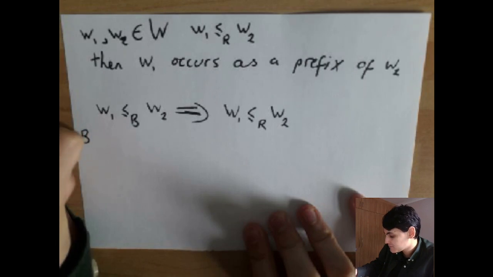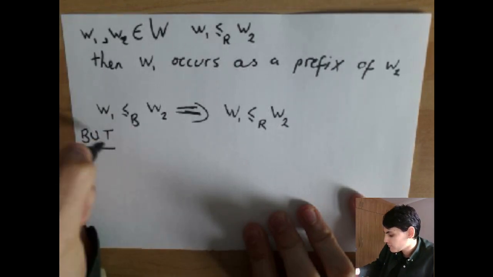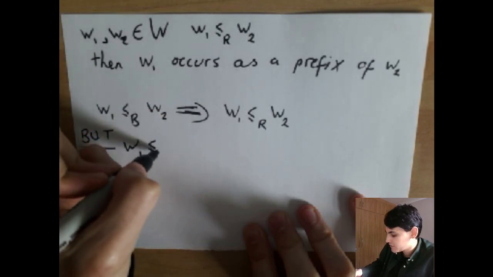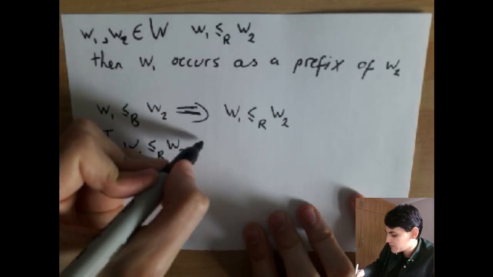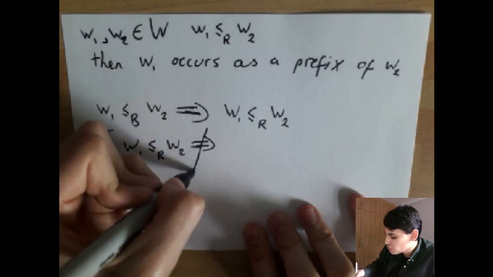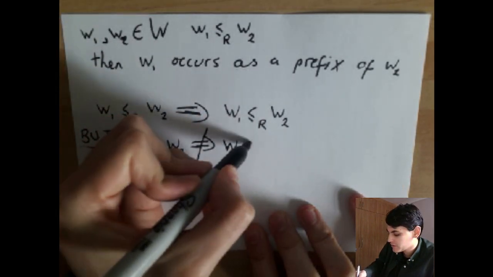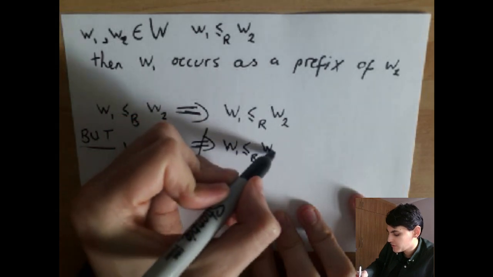But if you've got W1 less than or equal to W2 in the weak sense, this does not imply that W1 is less than or equal to W2 in the Bruhat sense.